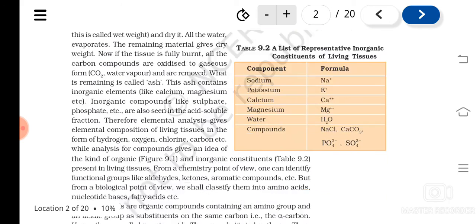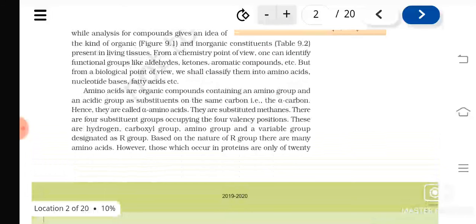Understood? Among these, I have told you about the amino acids.